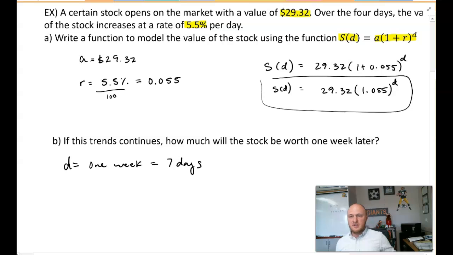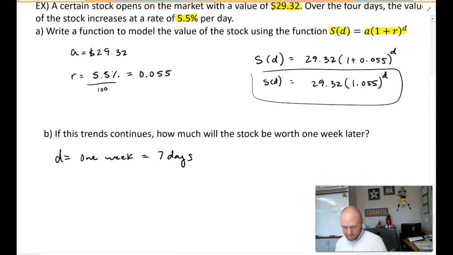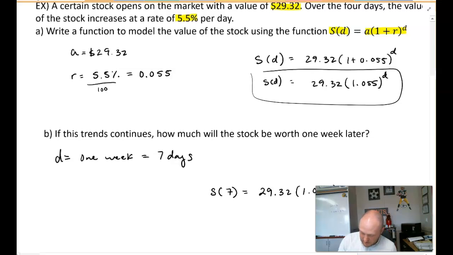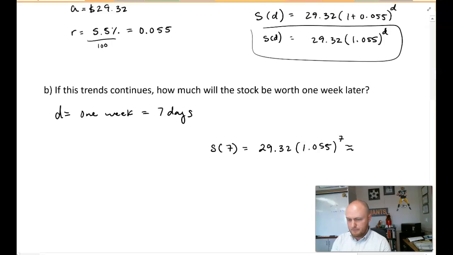We're going to assume that this stock trades on the weekends. So then we evaluate. S of 7, so 29.32 times 1.055 to the power of 7. We'll plug that into our calculator.